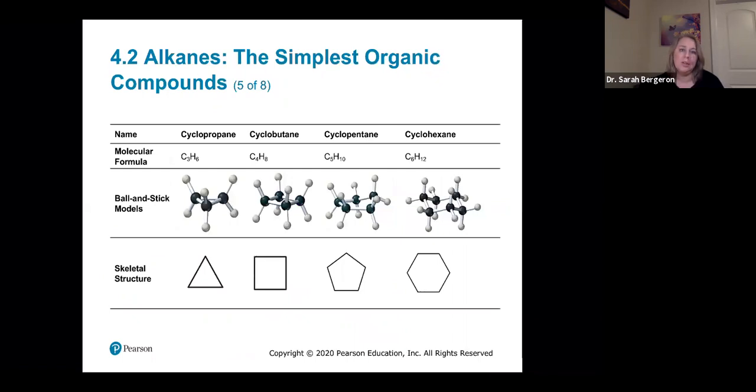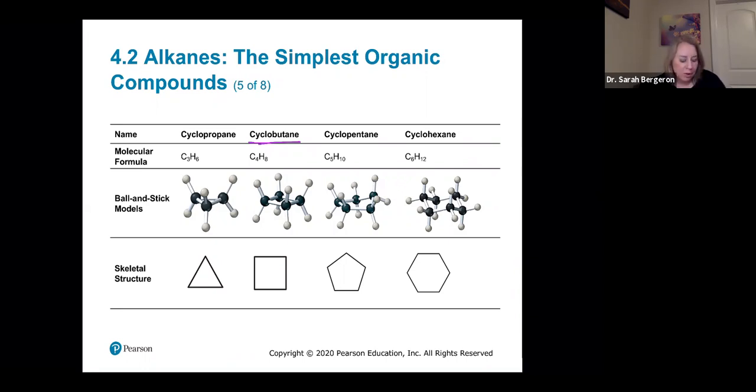Here are some examples. We have cyclopropane, cyclobutane, cyclopentane, cyclohexane. If you look at the structural formula, let's look at cyclobutane. We have C4H8. What if you were trying to figure out whether this is a cycloalkane or an alkane?